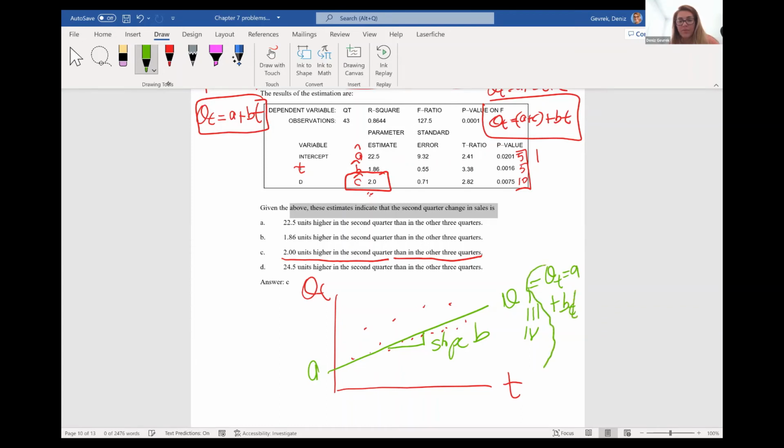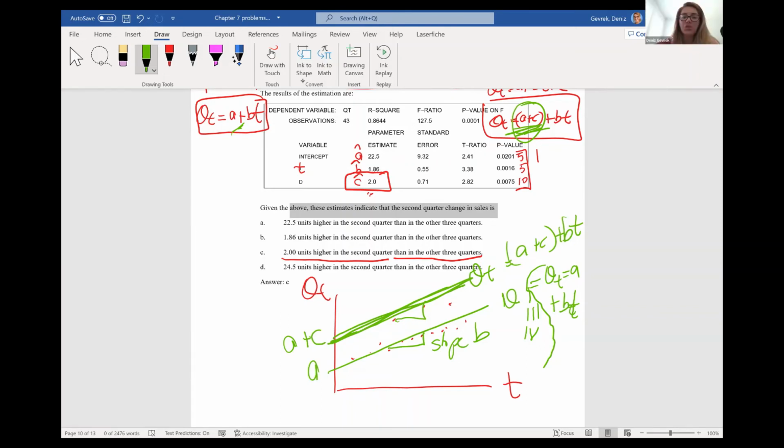This one marches to its own drum, so its intercept is A plus C, not A anymore. This was A only, the intercept. A plus C, and the slope is the same, BT. So this is QT equals A plus C plus BT. When you include a dummy, you're setting apart this second quarter, which acts differently. Seasonal adjustment.